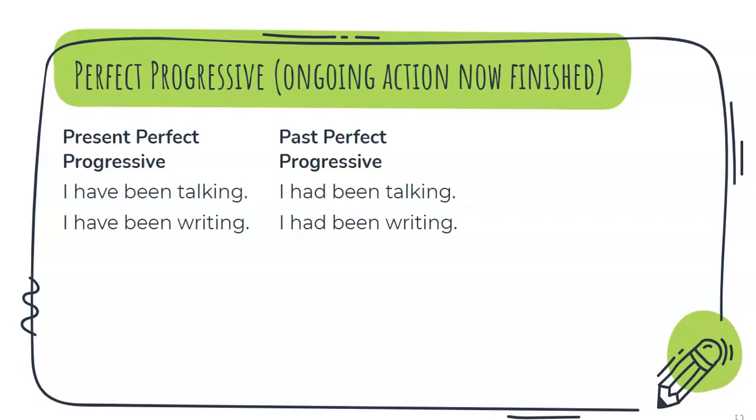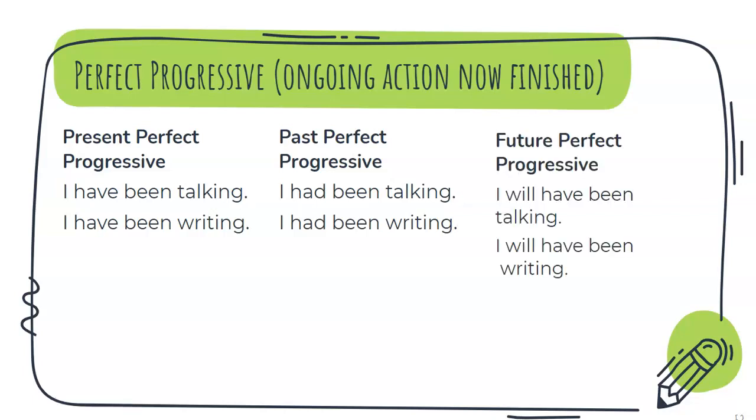I had been talking, but I'm not anymore, and I had been writing, but I'm not now. Or, I will have been talking for 30 minutes at the end of this video, and I will have been writing. So perfect progressive tenses are for actions that went on for a while, but are now finished.